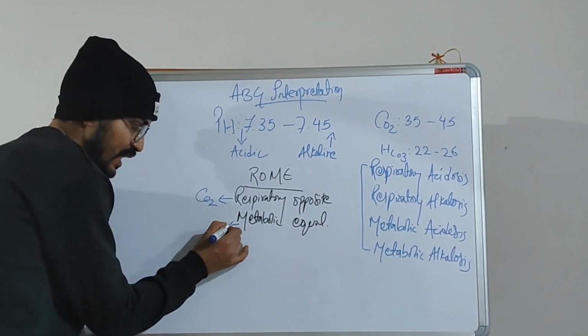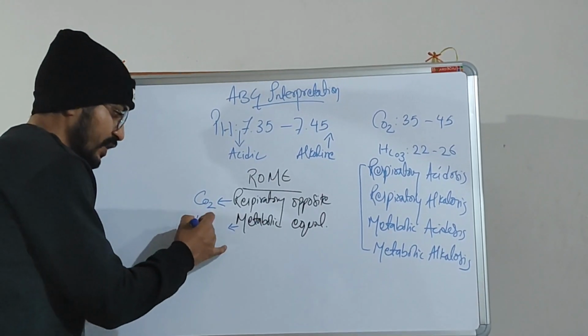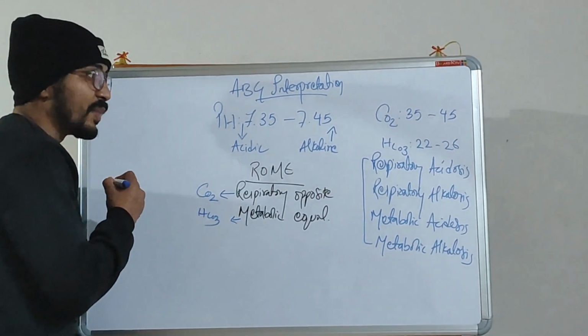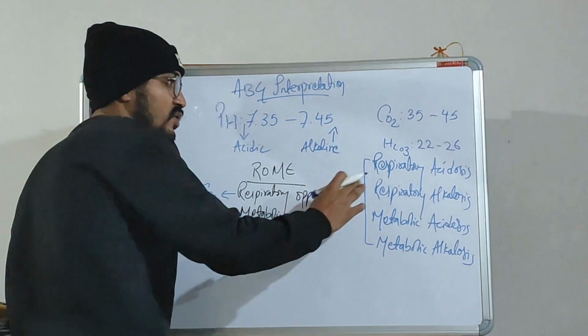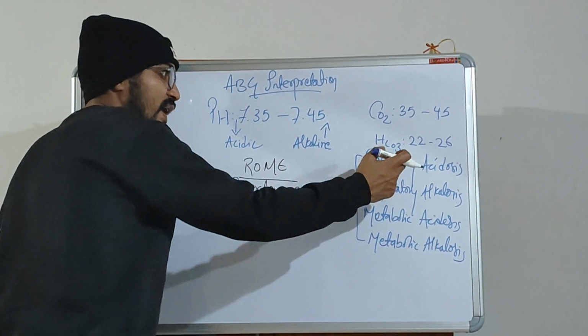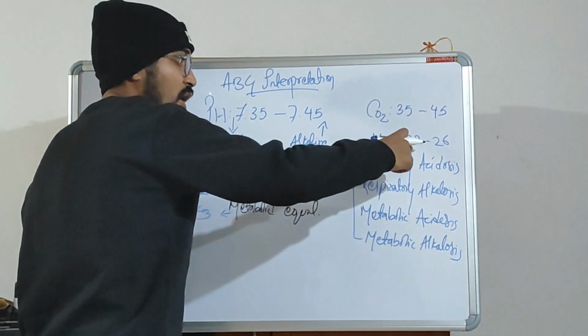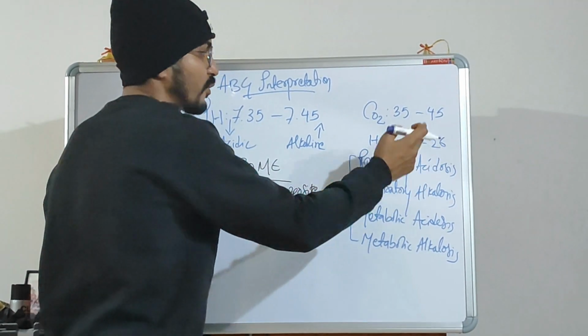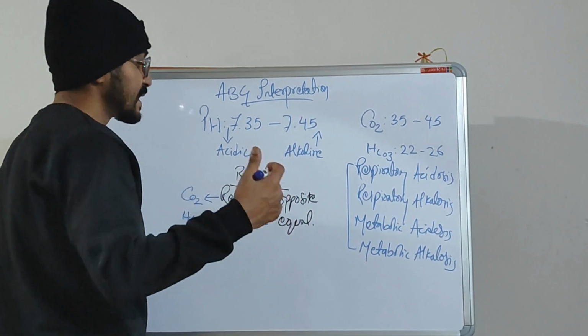Similarly, when we talk about metabolic, we are referring to HCO3 or bicarbonate, with a normal value from 22 to 26. The value can move downward below 22, or upward above 26.